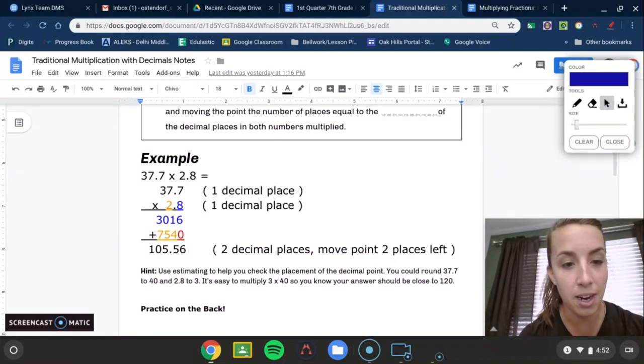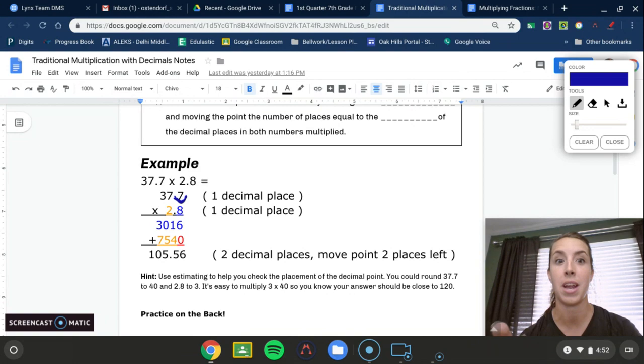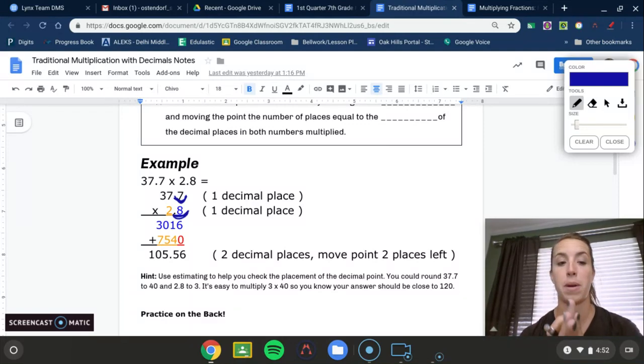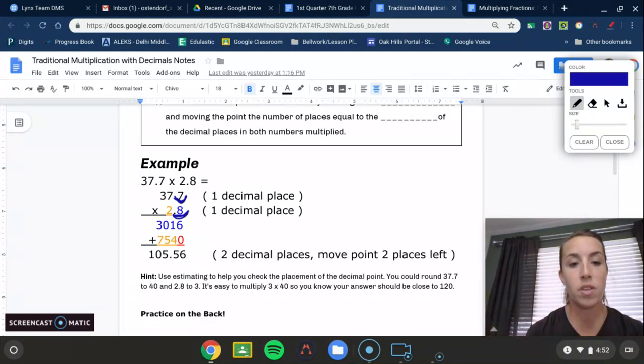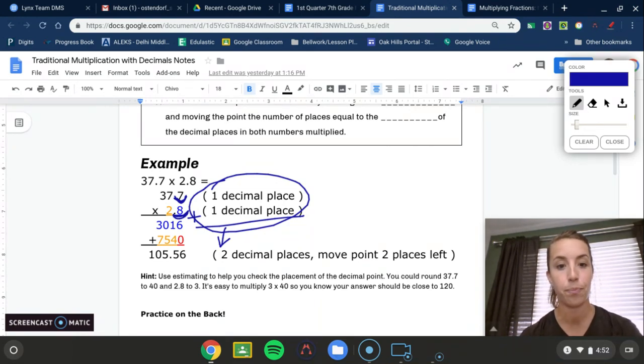So if you look here, I only had one place value for my 7, for where my decimal point is, in order to create a whole number. I only have to move my decimal point one place value in order to create a whole number for my 2.8 also. So for my 2 decimal place values, I'm going to add them together to determine how many places I'm going to move my decimal in my final answer.